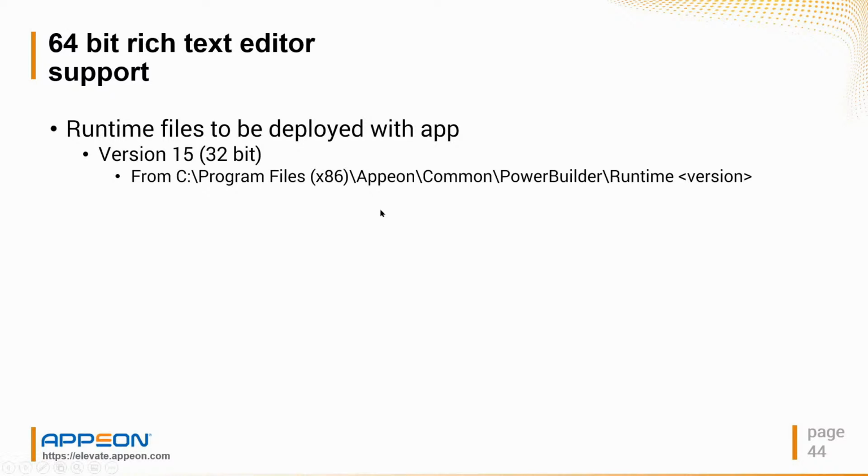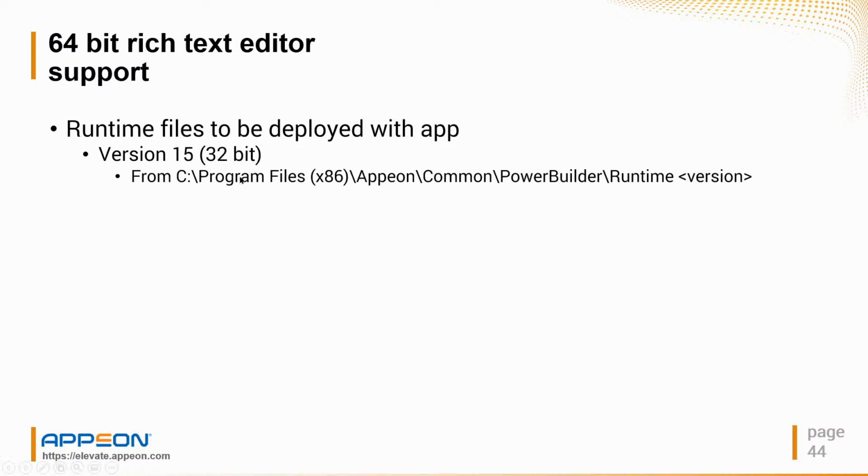So there's a new directory now. It's in Program Files x86, Appeon, Common, PowerBuilder, and then there'll be a number of these folders where it'll say runtime, and it'll have a version number. Each of those folders will represent a different version of the runtime.